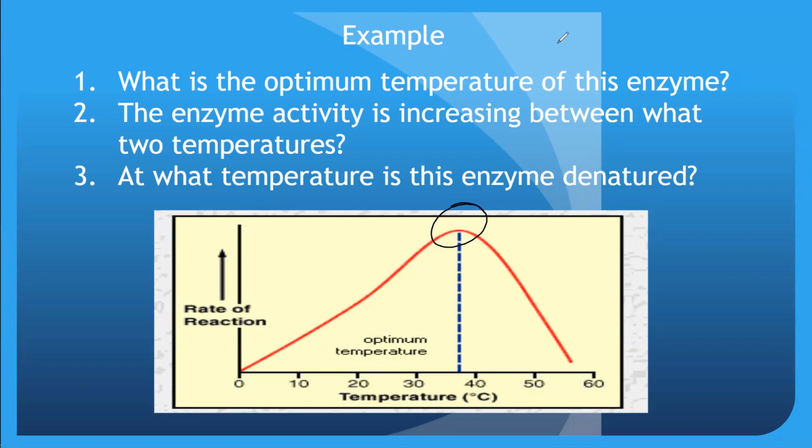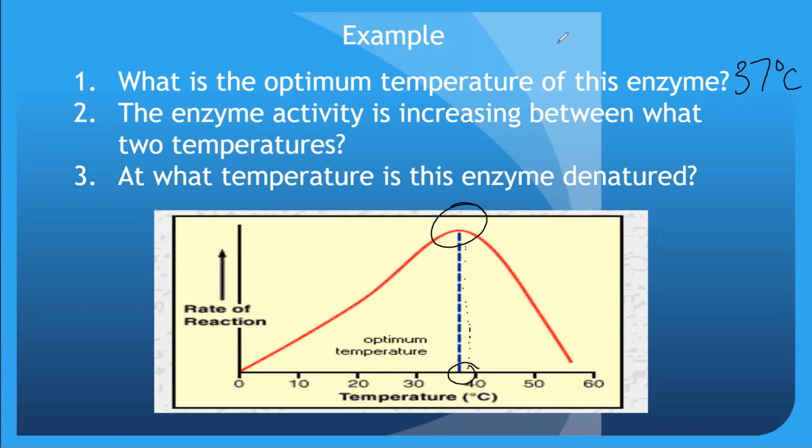Now draw a line down from the tippy top all the way to where it intercepts on the x-axis. So come down. I'm speaking math to you, ain't I? And good. So it's 37 degrees Celsius. All right. So the enzyme works best at this temperature.